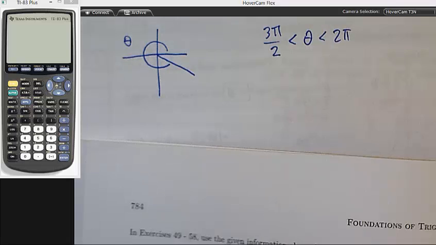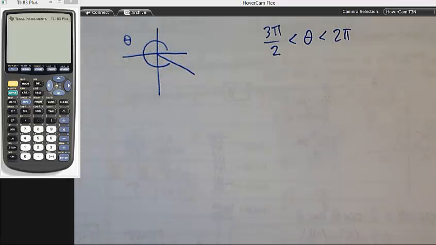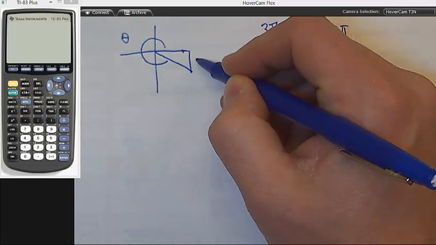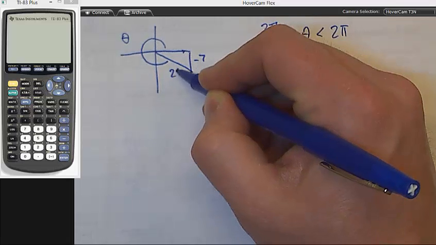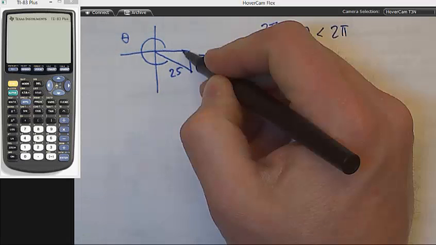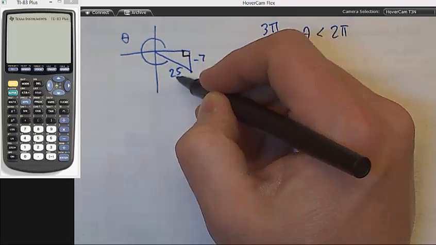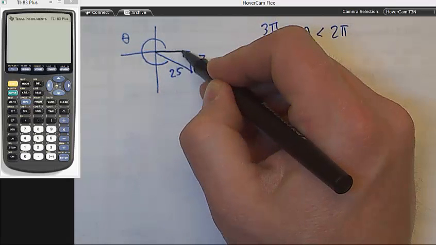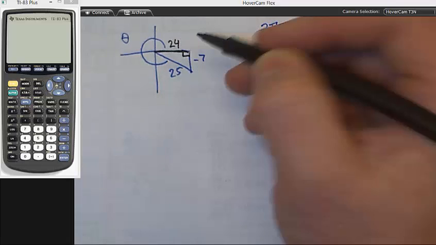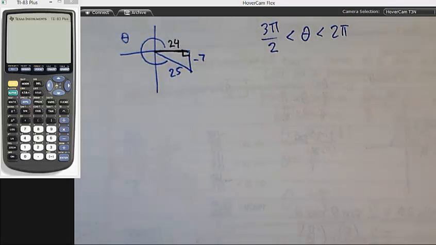So theta is between 3 pi over 2 and 2 pi, and they told me that the sine of theta is negative 7 over 25. So that's what my picture looks like. I'm going down, so I write negative 7. And you've seen this right triangle enough by now to know that you could get this side here, right? That one is 24. If not, you have to do the Pythagorean theorem to get that. So that takes time. I'm making this all look easy.